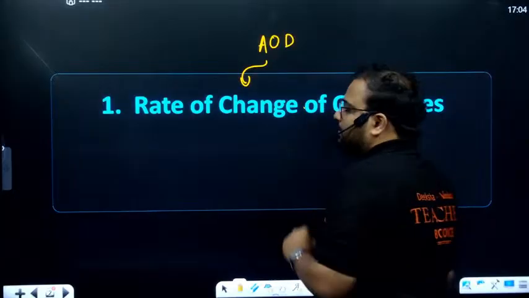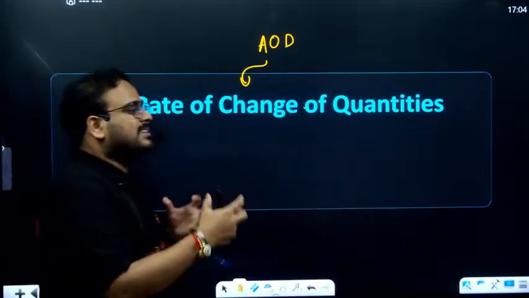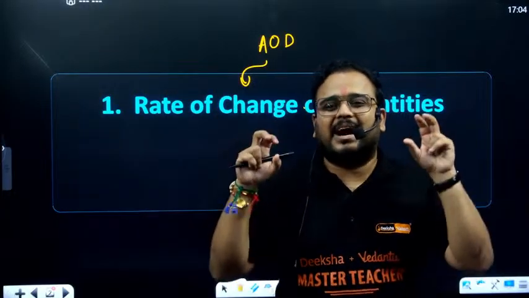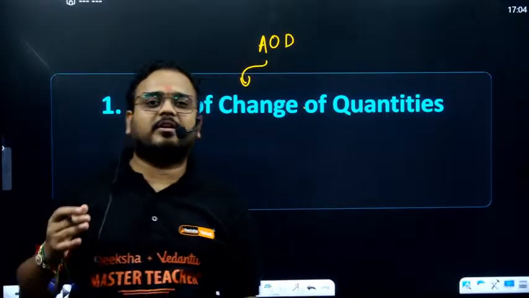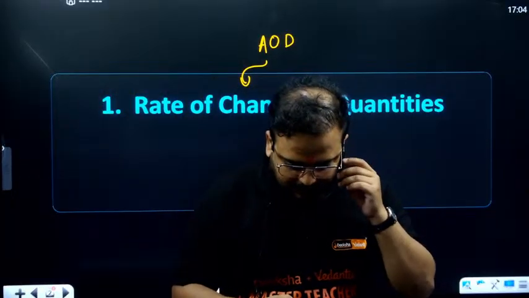But in this particular concept, rate of change of quantity, it doesn't look so mechanized, so function based, so much just math based. It looks more realistic; the questions over here are basically real world problems.